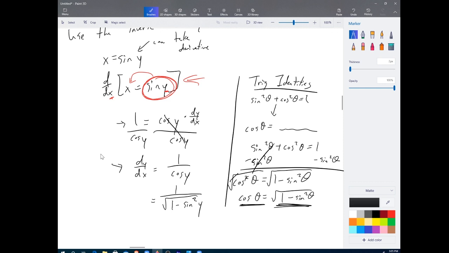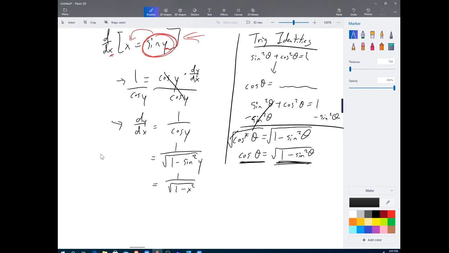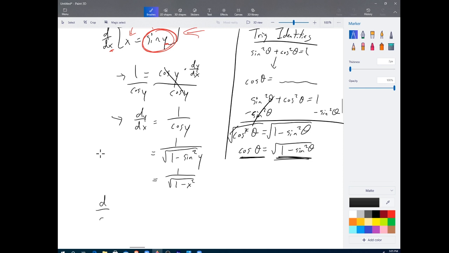I can substitute that into my problem, and voila. I get out that the derivative of my inverse sine of x is equal to 1 over the square root of 1 minus x squared.